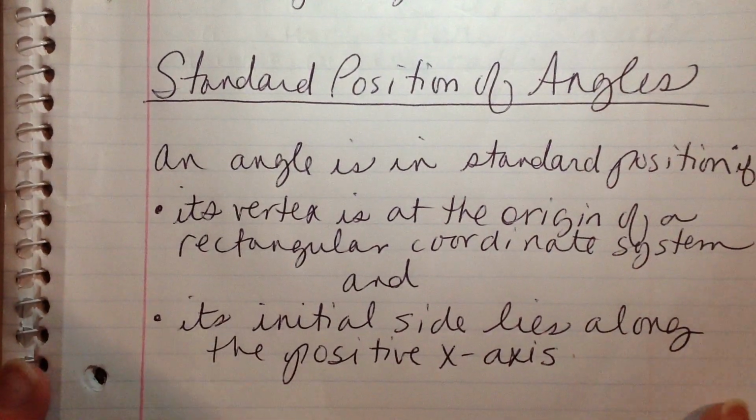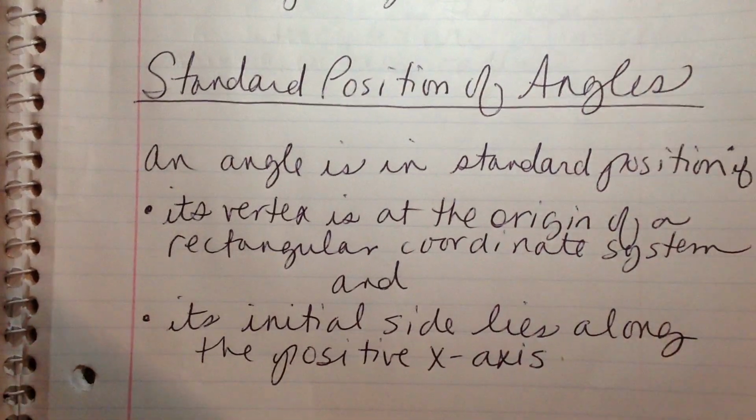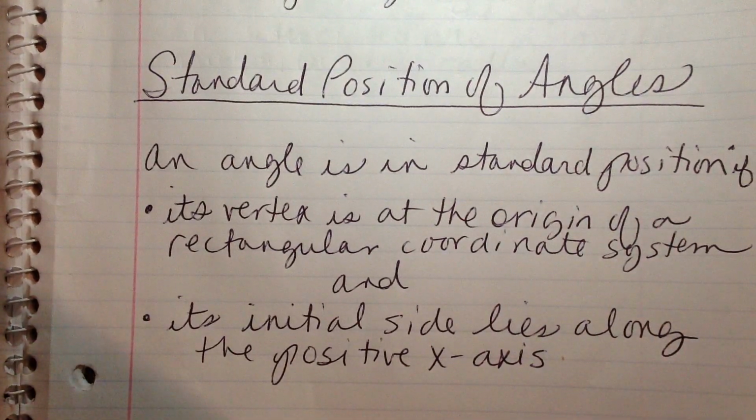An angle is in standard position if its vertex is at the origin of the rectangular coordinate system and its initial side lies along the positive x-axis. So we were just kind of looking just a minute ago at those angles.